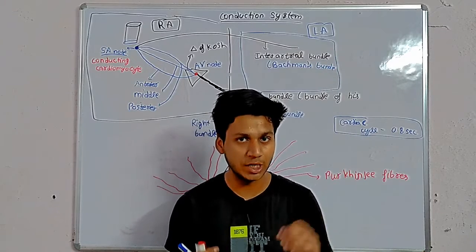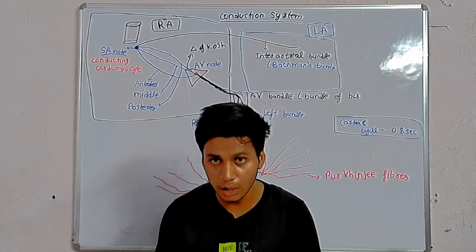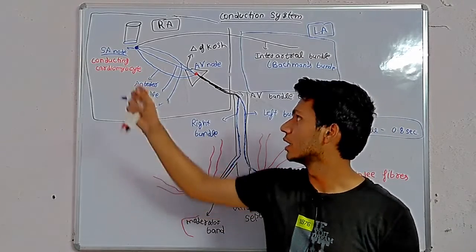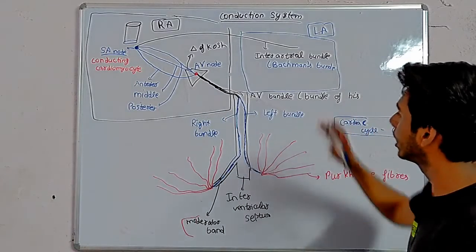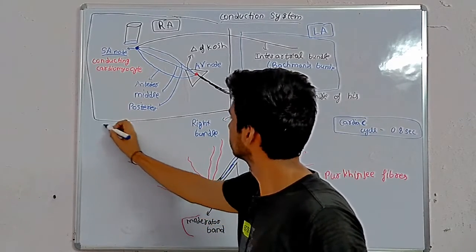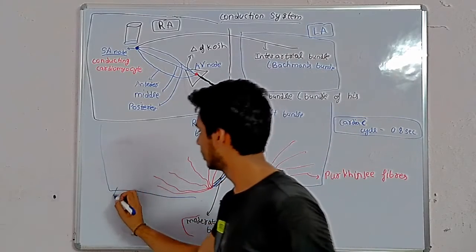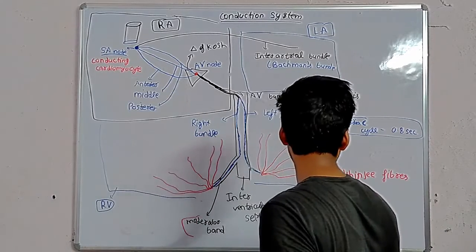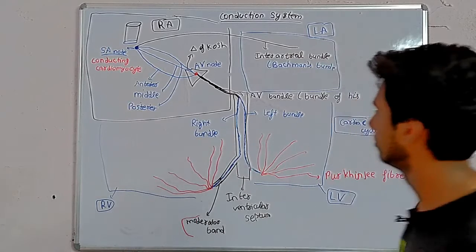Due to this, it can regulate the cardiac activity, like heartbeat, cardiac output, and stroke volume. These things can be regulated through the nervous system. So this is the whole conducting system of the heart. Here these are the ventricles, the right ventricle and this is the left ventricle.